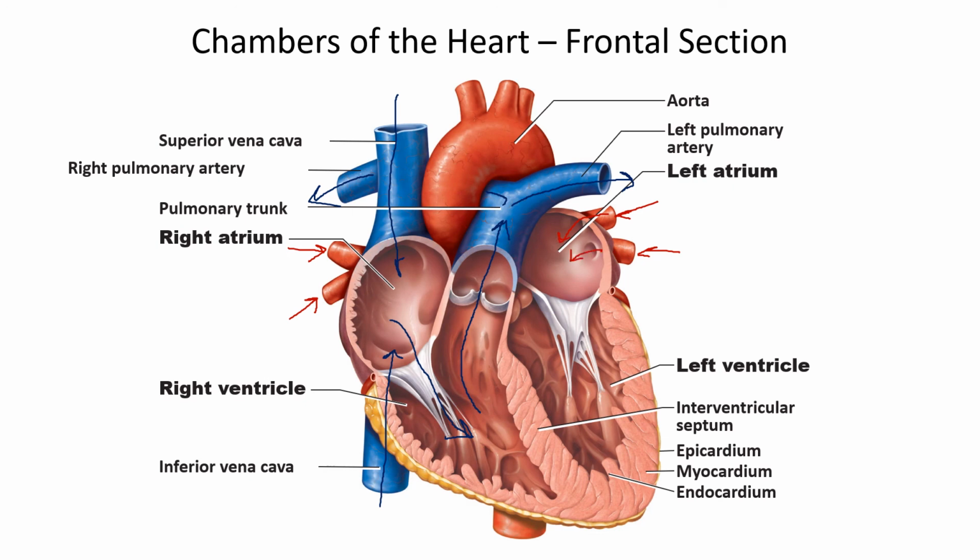And it's not really shown here, but of course we'd have blood coming from the back as well, from the right pulmonary veins. And then that blood is going to be pushed by the left atrium through the left atrioventricular valve and into the left ventricle.